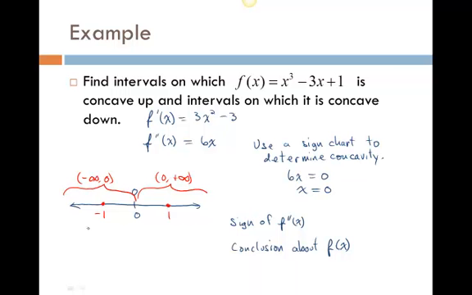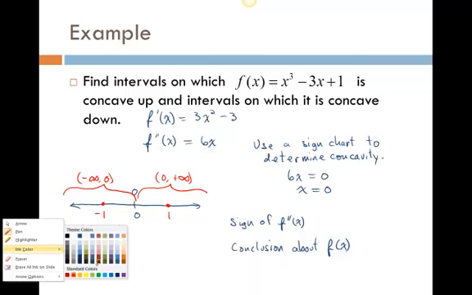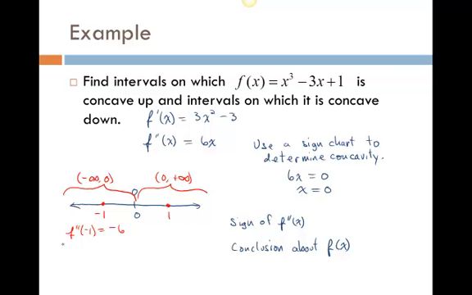So let's check the sign of the second derivative. If we evaluate -1 in the second derivative, we're going to get -6, right? That's less than 0, it's negative. So it means our function must be concave down on that interval. So that's our conclusion: therefore, f of x is concave down on this interval from negative infinity to 0.